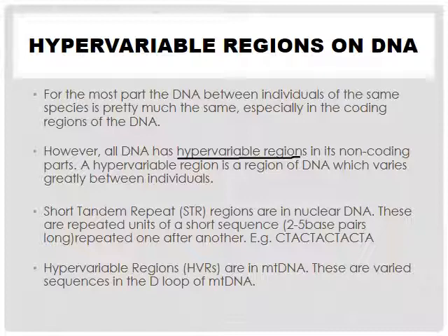If we're looking at nuclear DNA, we're looking at a particular hypervariable region which we call a short tandem repeat, an STR. By using a collection of different short tandem repeats.